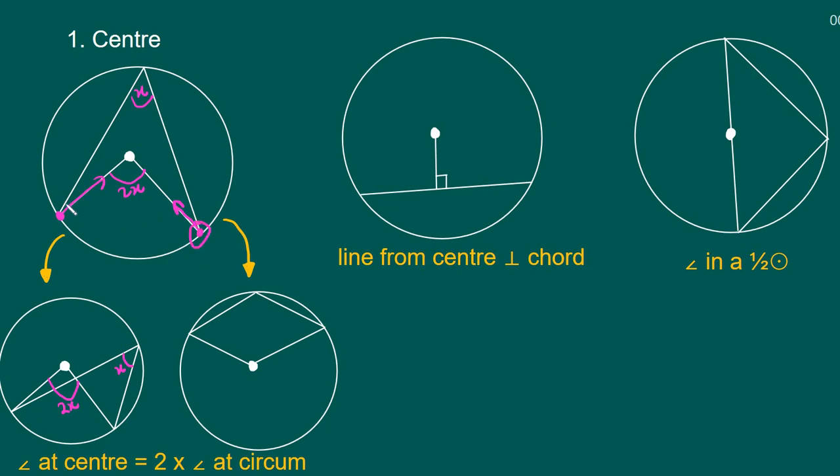Then you move from the very same 2 points, then follow where they are going. Where are we going now? We are going to the circumference, and we are forming another angle at the circumference. So the angle formed at the center will be twice the one that is formed at the circumference. Same thing here. Move from 2 points. This is your first point and your second one. Move to the center.